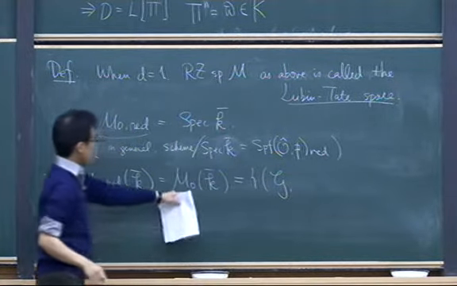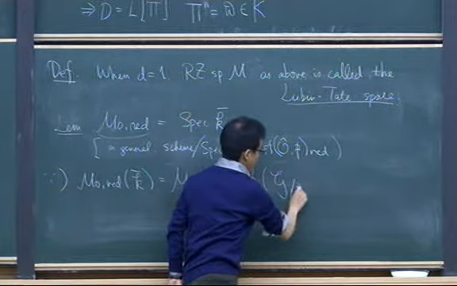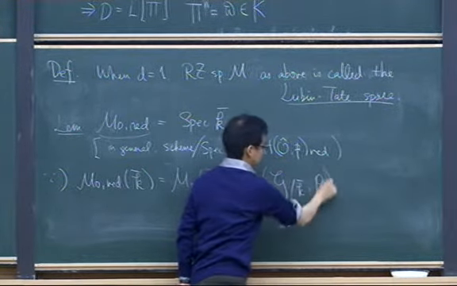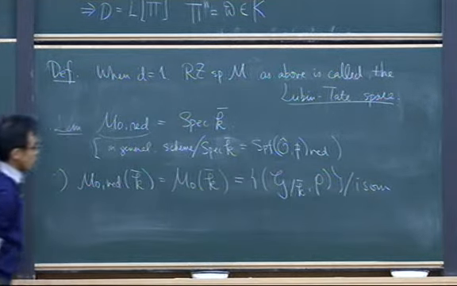And what does this classify? It's a pair of G over k bar and rho, up to isomorphism.